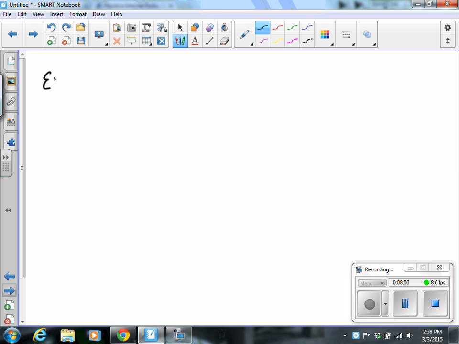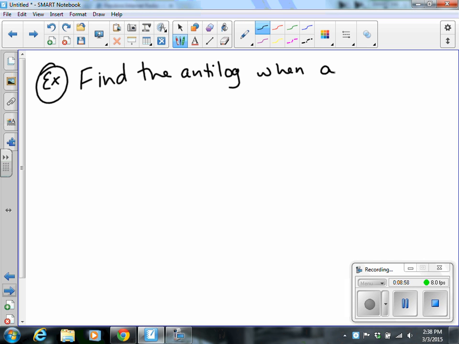So for you, you're going to find the anti-log when a equals negative 2.83. When I'm finding my anti-log, I know that it's 10 to the power of a equals x, so I go ahead and take 10 to the power of negative 2.83, and I just plug that into my calculator.